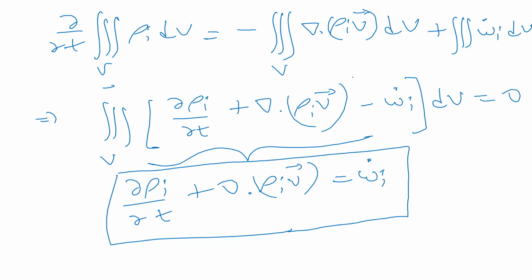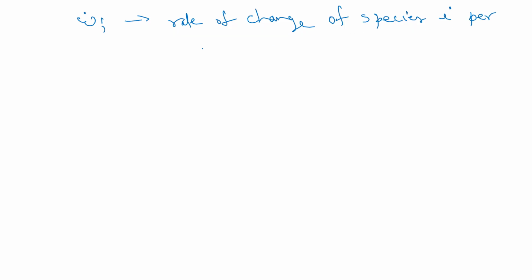If there is some chemical reaction happening, one thing to know is that w dot I is the rate of change of mass of species I per unit volume.